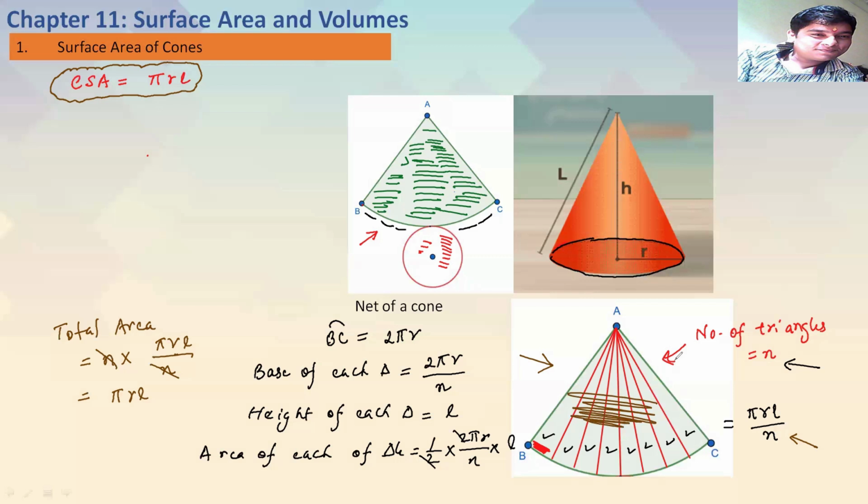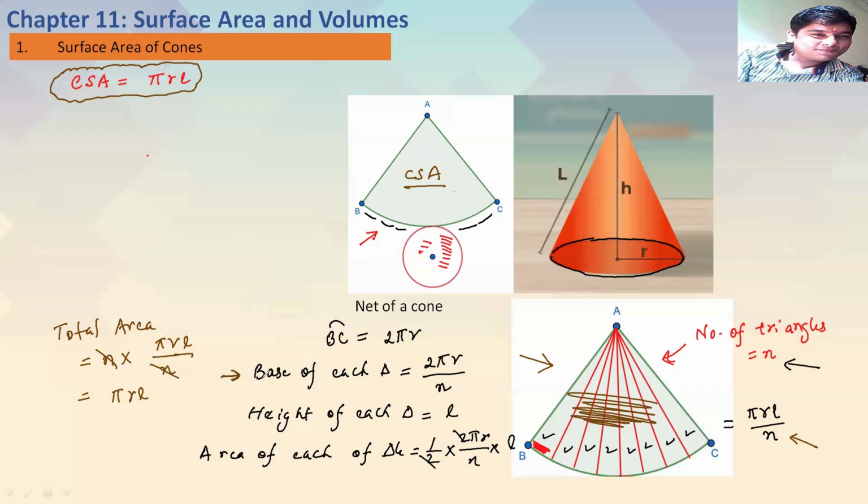Come on, rephrase it in your own words. In order to find the curved surface area, we found the arc BC, which was 2 pi R, the circumference. Then to find the base of each triangle, we have to find the number of triangles.